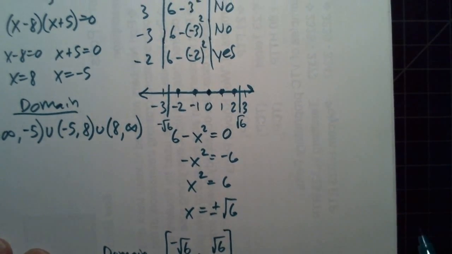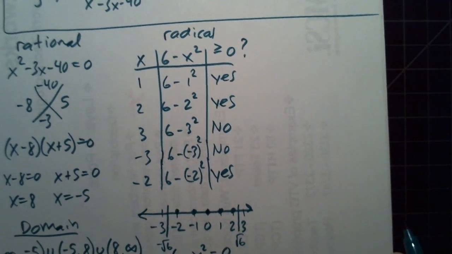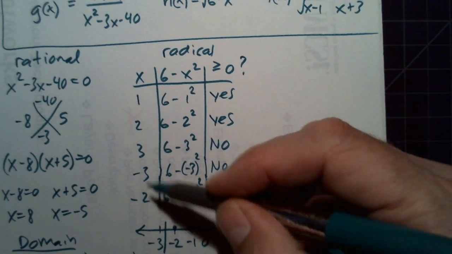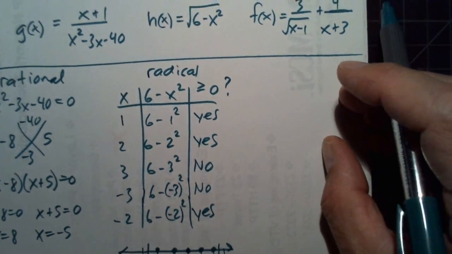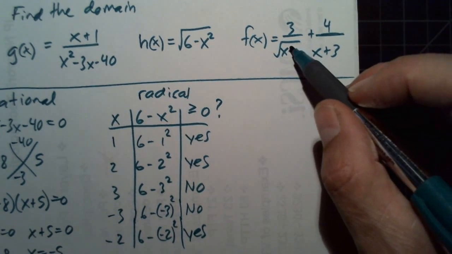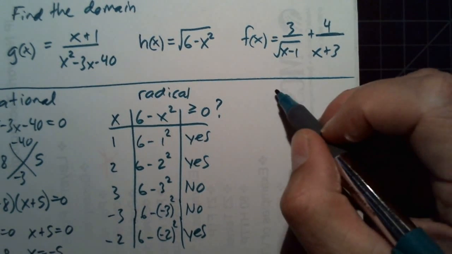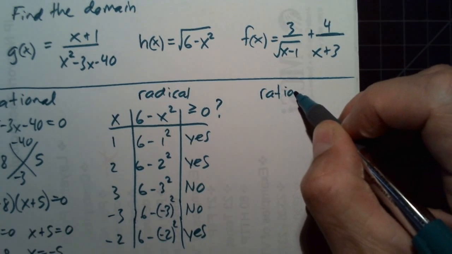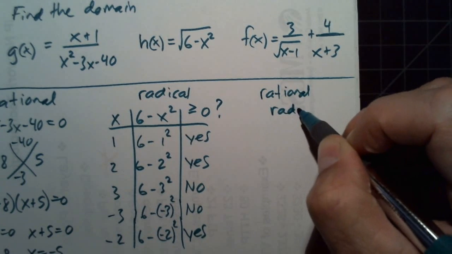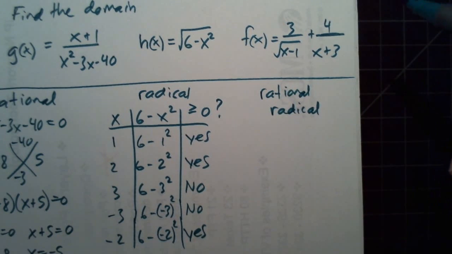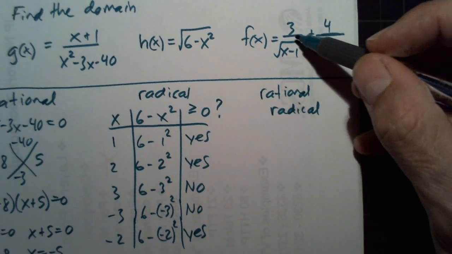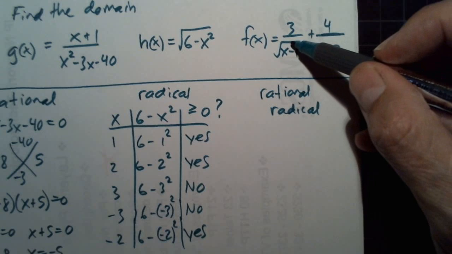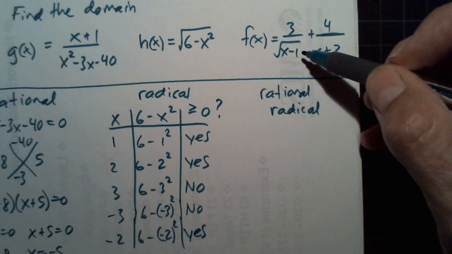So if there's a function that's a little confusing, just make a table and it can help you narrow down your choices. So in the next one we have rational and radical. We know that this can't be 0 and this can't be 0, and also the radical cannot be negative.